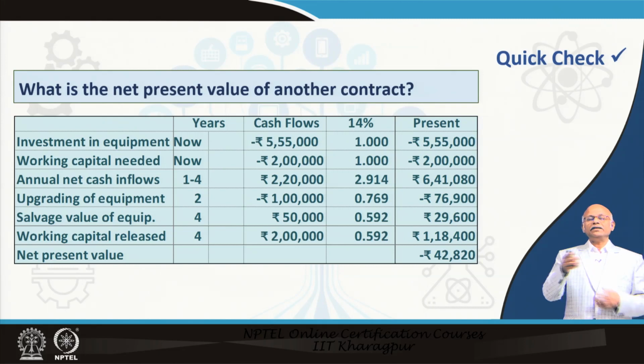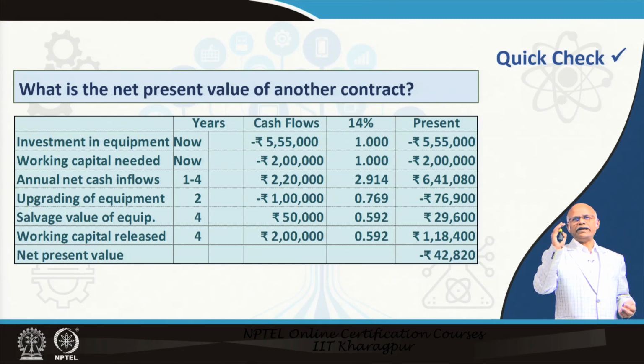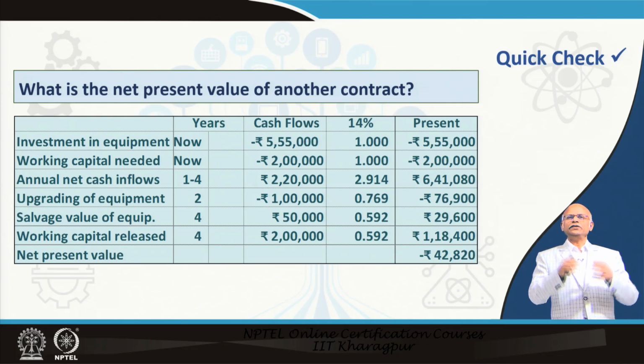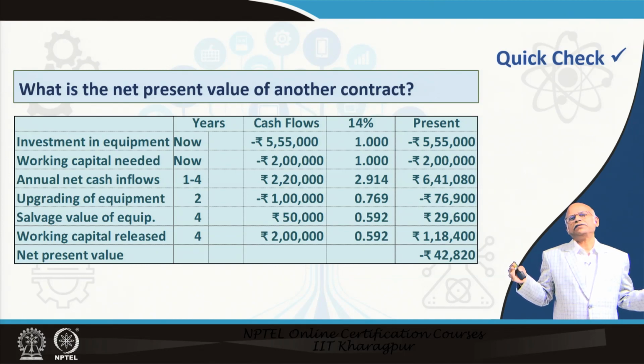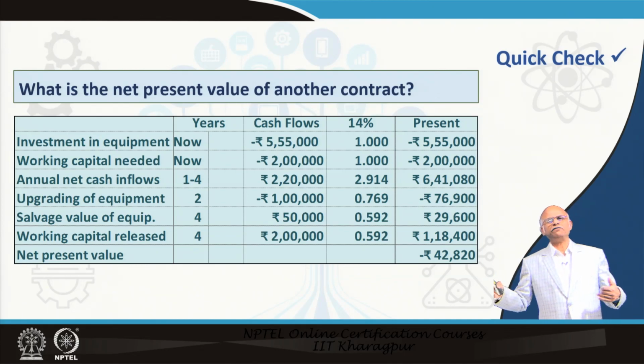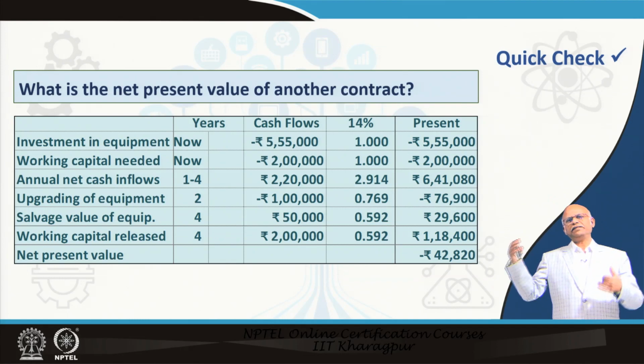And then here I just wanted to show that this 14% present value multiplication factor is estimated. So, for every year 2,20,000 rupees cash inflow is happening. So, you estimate that separately rather than estimating 4 cash flows separately: what is the present value in the first year, second year, third year, fourth year?